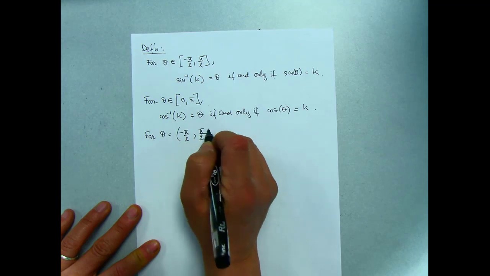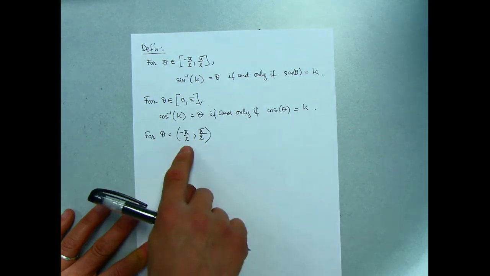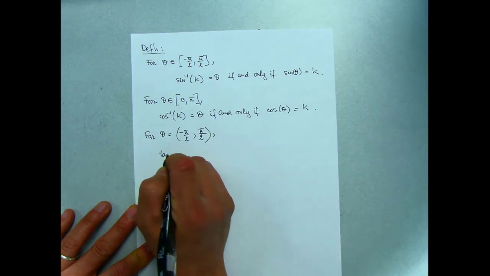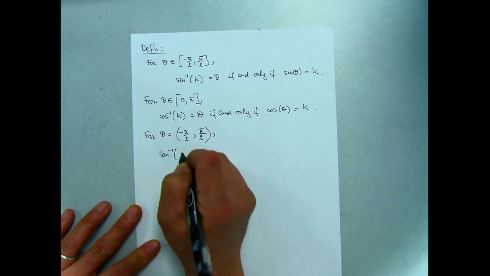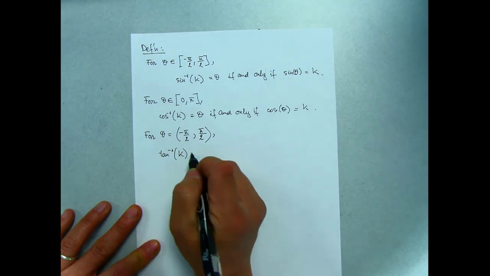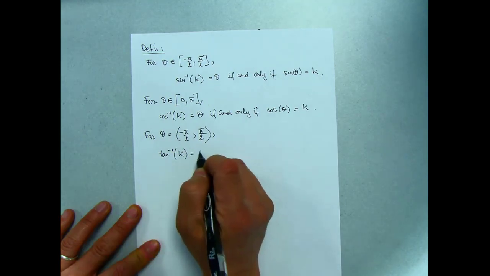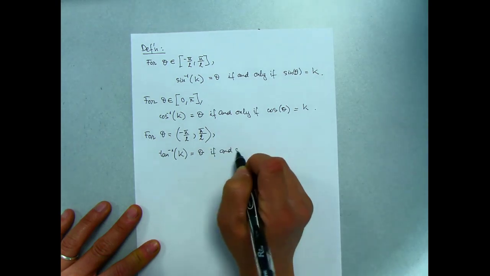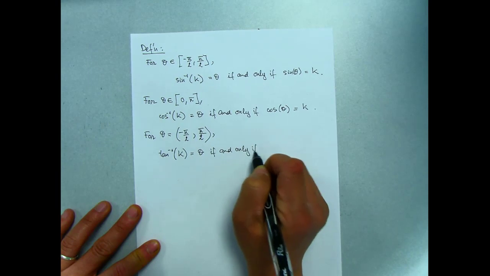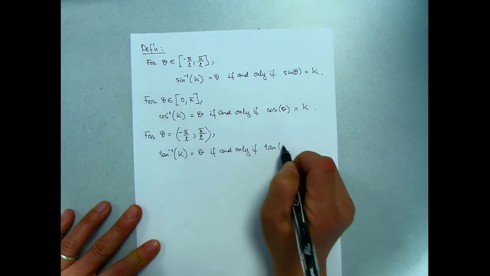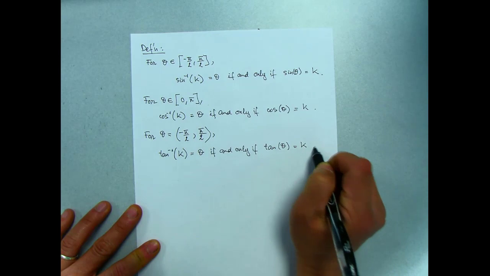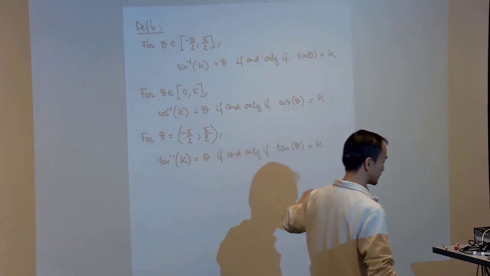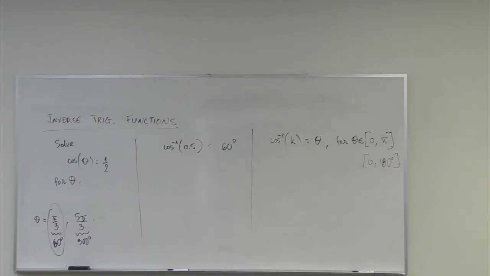For any angle strictly between them, we define that tangent inverse of a value k coming out as an angle theta means the same as taking tangent of theta equals k. That's the fundamental definition.